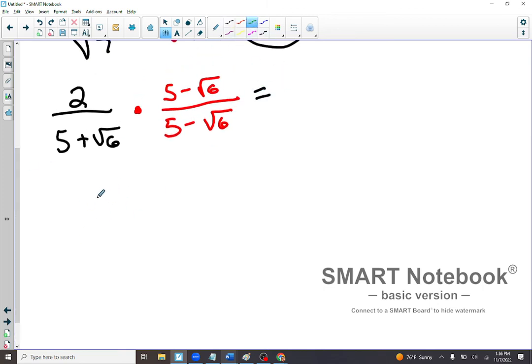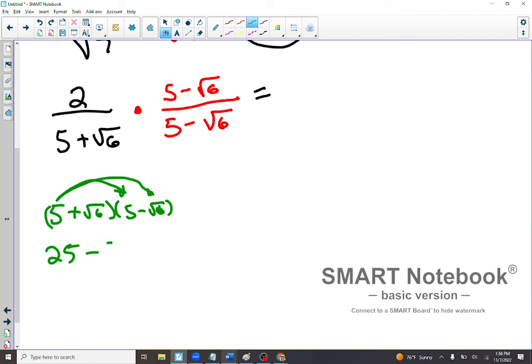In green is the work that you don't necessarily need to show, but this is the work for it. 5 plus square root of 6, times 5 minus square root of 6. If I were to FOIL this, that would be 25, negative 5 root 6, positive 5 root 6, and negative square root 36.